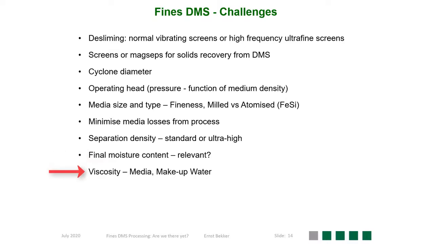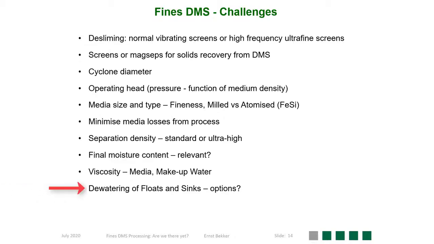Viscosity, that depends on the type of media, and also the makeup water. If the makeup water contains some slimes, then that can result in viscosity problems, which can have a detrimental effect on fines dense media separation. How are we going to dewater the floats and sinks? What options exist to dewater that if we want to consider fines dense media separation?